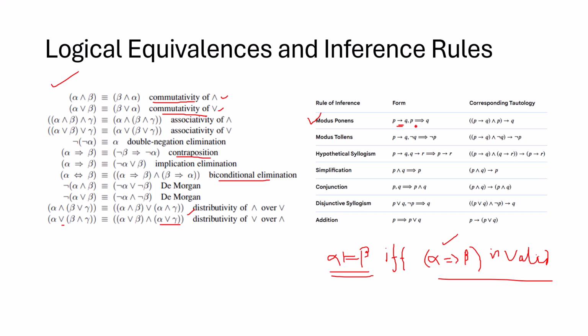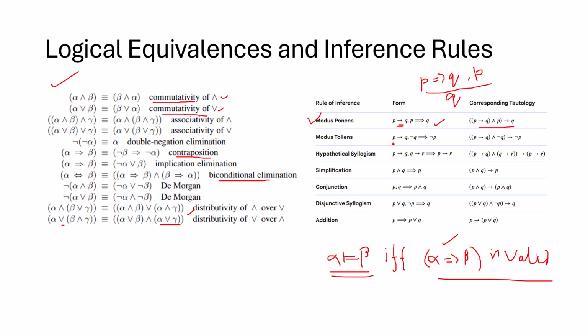If P implies Q and P is given, this is also written as P implies Q, and P is given, so that means Q is true. P is given means P is true, already known, so Q is also true. It can be written like this also, as a corresponding tautology.